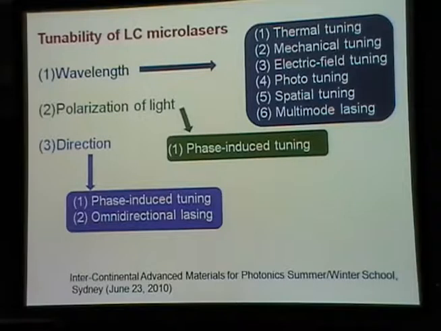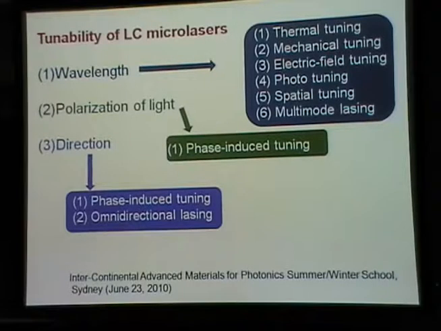Spatial tuning means position-dependent tuning. And finally, I will tell you about the multi-mode laser. For the polarization of light, we can easily change it. If your lasing light is polarized, then we can tune it by passing through the nematic layer.